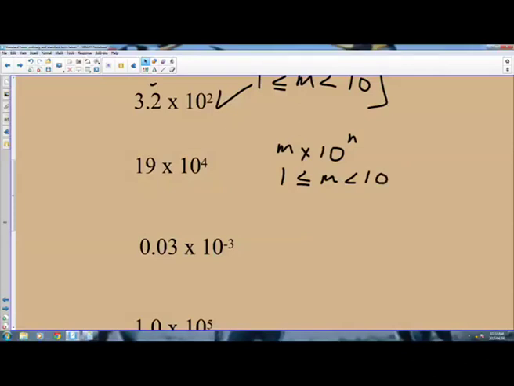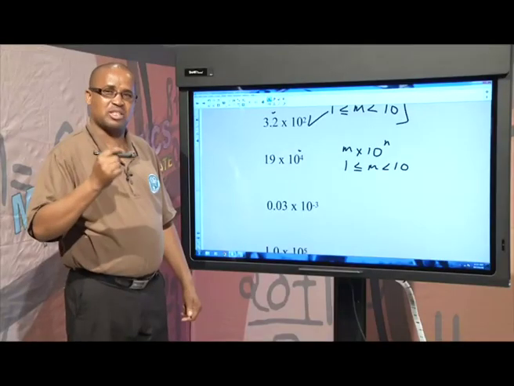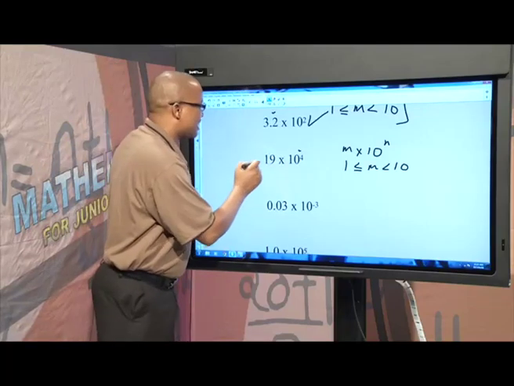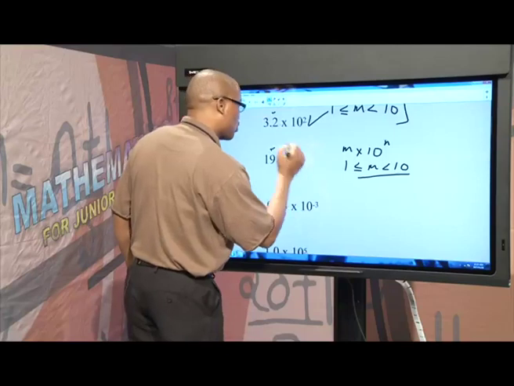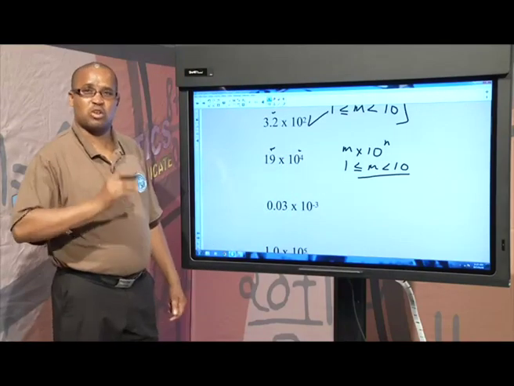It's 19 times 10 to the power 4. 4 is a positive integer, so this one is satisfied. But the value of m should be in the range 1 to 10. There should be only one digit before the decimal point. But this is 19. Therefore, the second condition is not satisfied. So this one is not in standard form, so we cannot tick it.